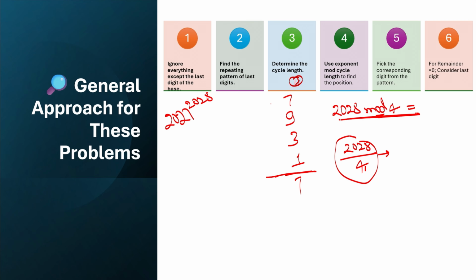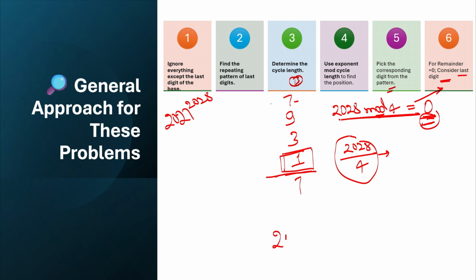So 2028 divided by 4 gives remainder 0. Now it says pick the corresponding digit from the pattern, but there is no corresponding digit for 0. So for remainder 0, consider the last digit. So here the last digit of the cycle is this 1.